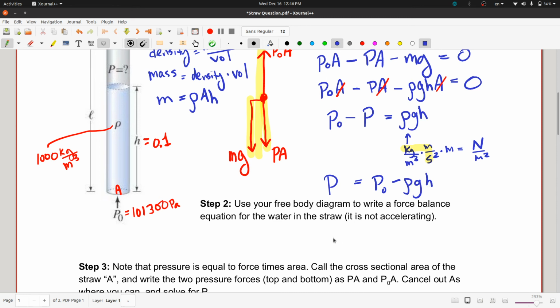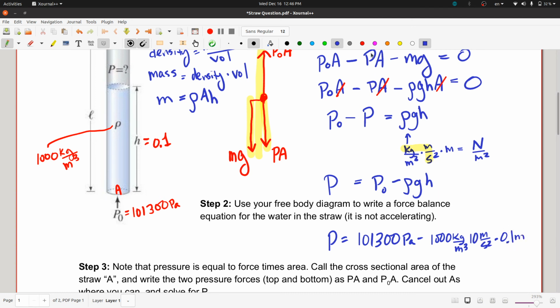Let's see what the actual numbers are. That pressure will be atmospheric pressure, which is 101,300 pascals on a typical day, 101.3 kilopascals, minus the density of water, 1,000 kilograms per cubic meter, times 10 meters per second squared, and we were asked specifically about 0.1 meters of water in the straw.